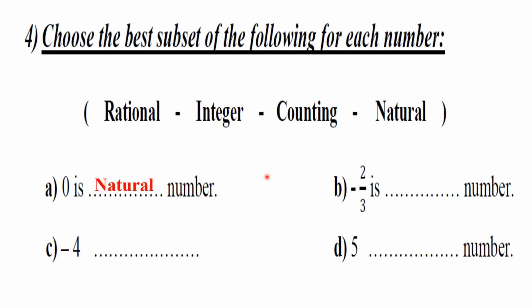Letter B, negative 2 over 3 is a fraction, so we will put it in rational numbers. C, we have negative 4. Negative 4 is an integer. And last one, letter D, 5 is a counting number.